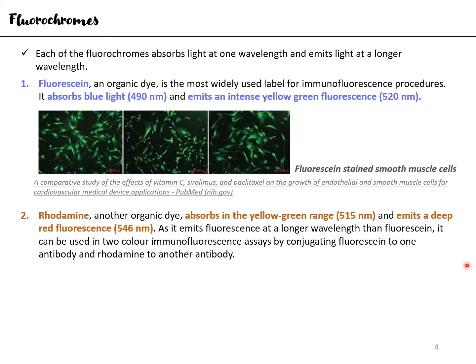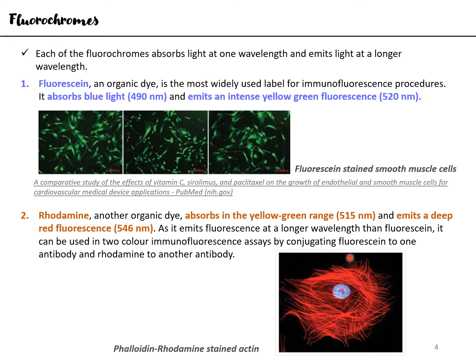So for such purposes, you would typically go for a two-color immunofluorescence assay, wherein you can conjugate one of the dyes, say fluorescein, to the antibody against protein A, and the other dye, rhodamine, to another antibody which is specific against protein B. And this will now allow you to visualize both of them simultaneously within the cells.